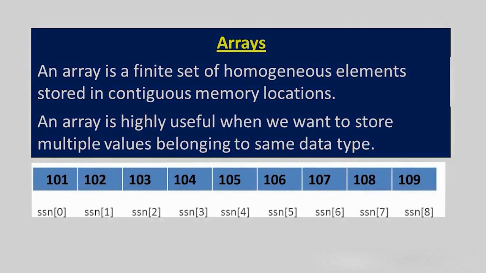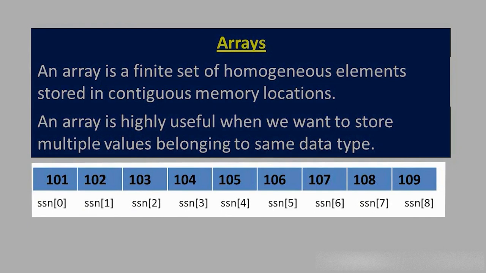For example, now suppose I want to store social security numbers of 9 employees. So you can see this is an array. The first element is SSN, and within square brackets I am writing 0. And the value for this first element SSN0 is 101. The value for the second element is 102. And which is the second element?